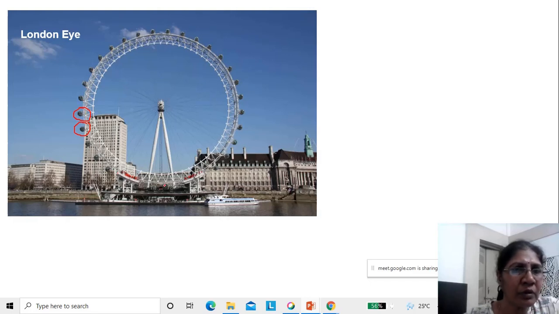This actually moves very slow, very steadily, because this is not meant for providing the thrill of riding, but it would give you the view of the city all around. So it would move very, very steadily and slowly, and just a single basket would accommodate several people, and the people could also move here and there as it is moving with a steady speed. So this London Eye is very famous. You should be knowing about such structures.